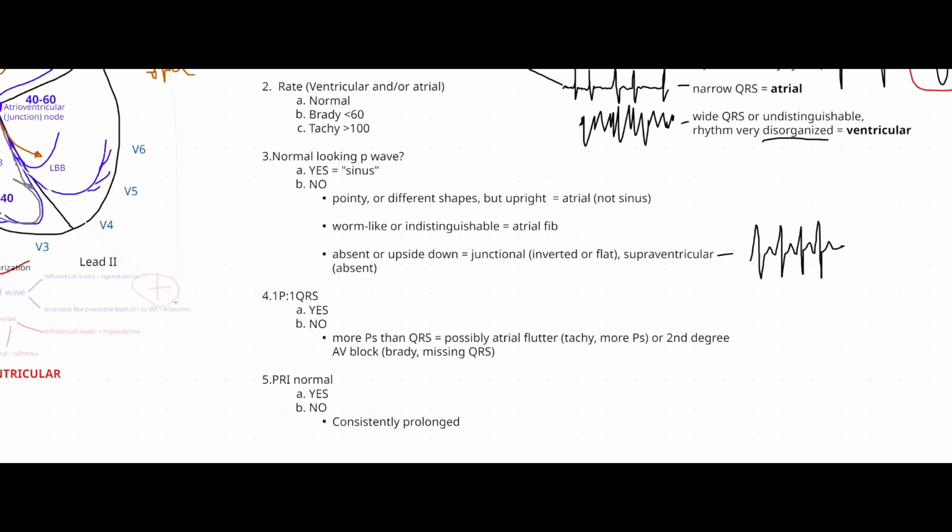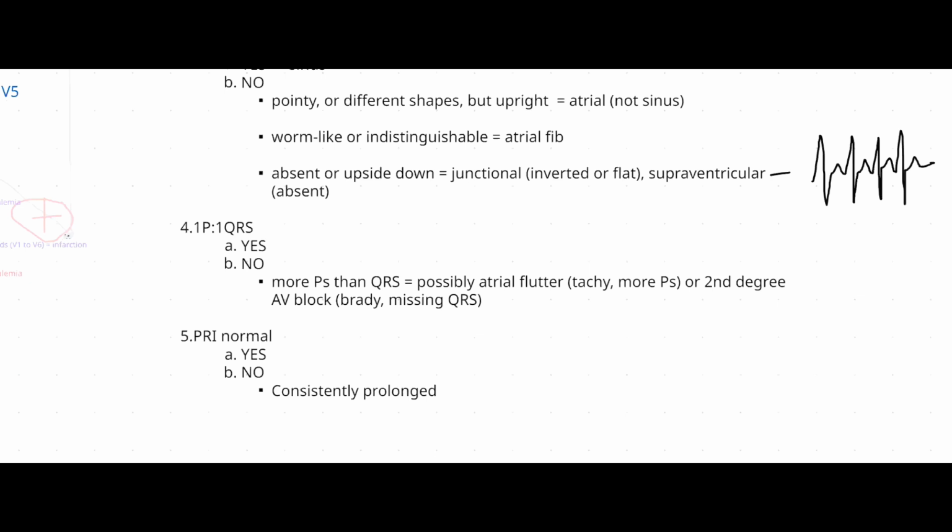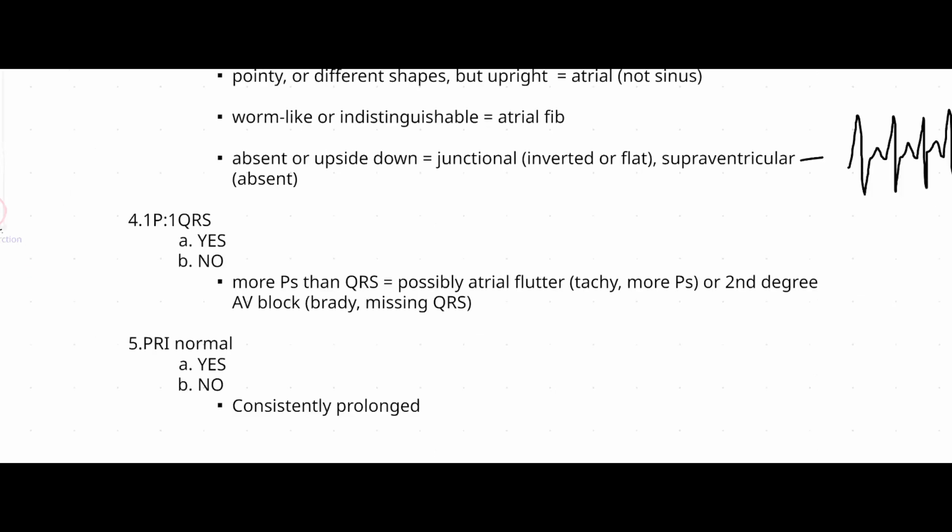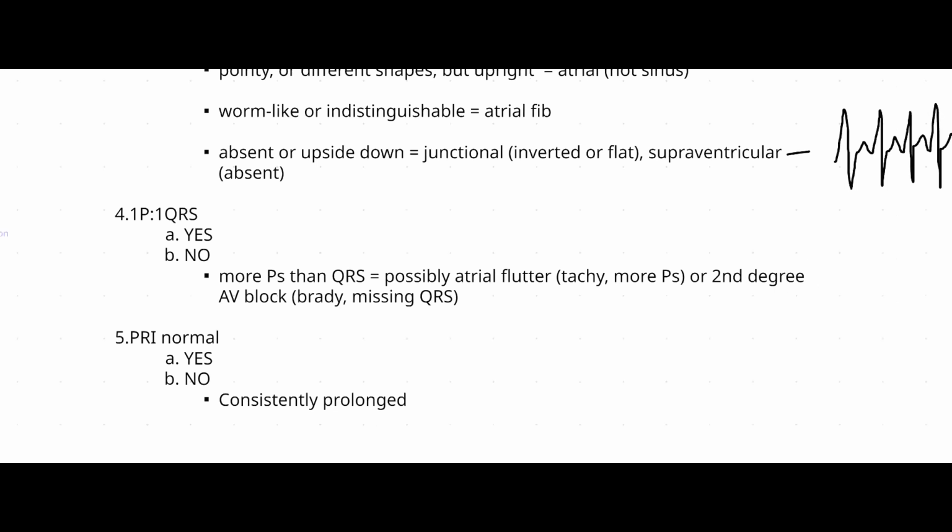So now another question we want to ask ourselves is, is it a ratio of 1 P for every QRS? If not, two possibilities commonly. I'm sure there's more. If there's more P's than the QRS, then what you have is an atrial flutter.